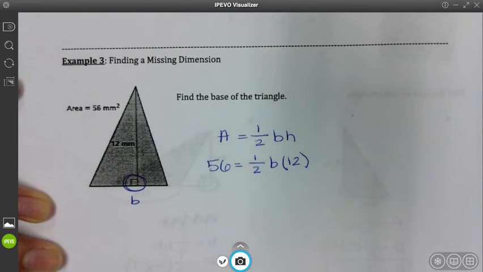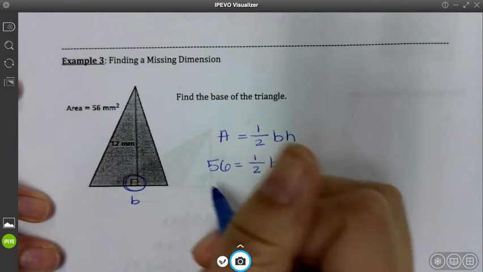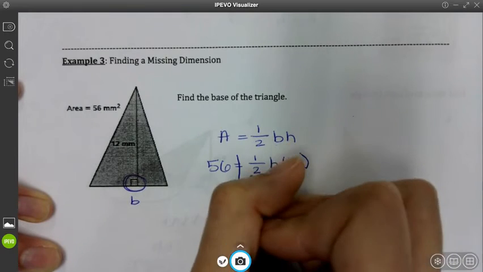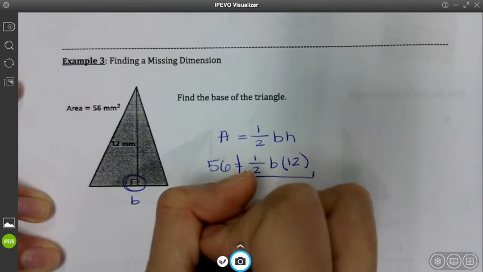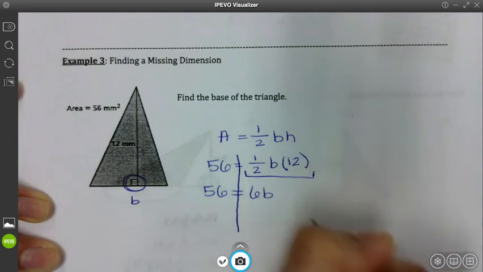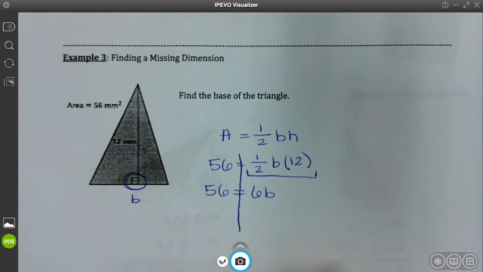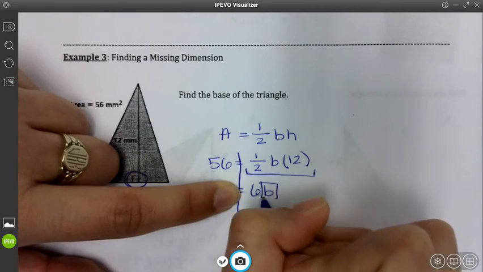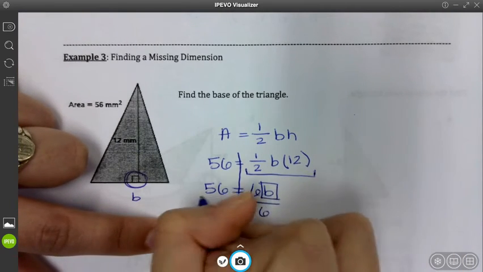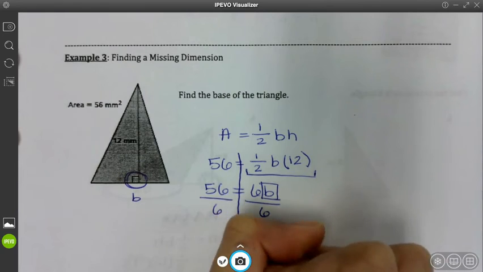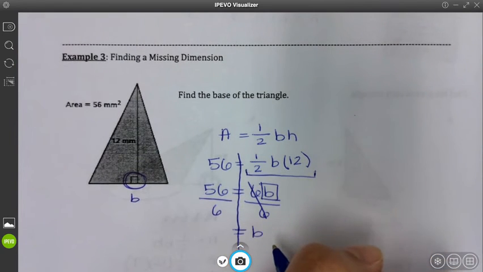The base and the height are kind of interchangeable because of the commutative property of multiplication. Now we solve. This is where your extra steps might come into play. You want to simplify what you can on this side. Half of 12 is 6. And then you solve. This is a multiplication problem, so we're going to use division to undo it and get that variable by itself. This is why we did our equations unit before. The 6's cross out.